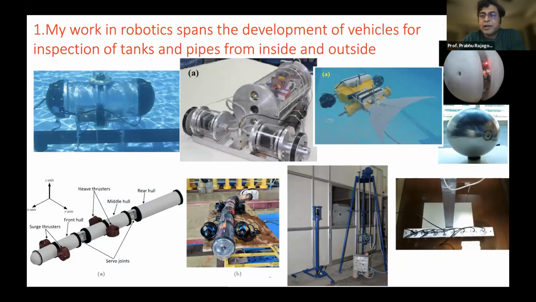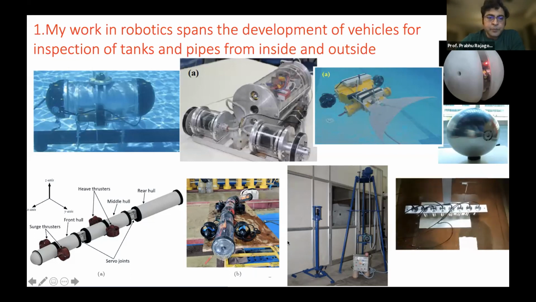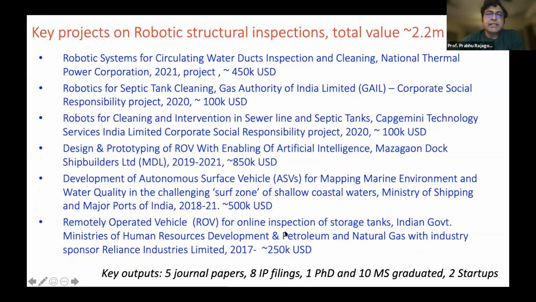The two cool spherical robots you see on the right side look like a football or a cricket ball, and they are of those sizes, but those are robots to be sent into pipelines for inspections. This work has had a lot of industrial traction, and a lot of industrial support as well.